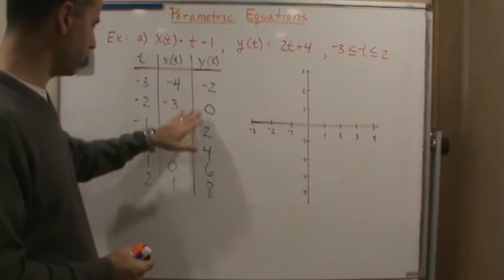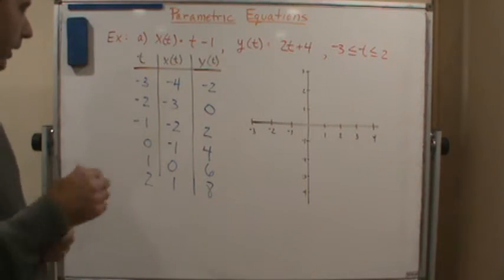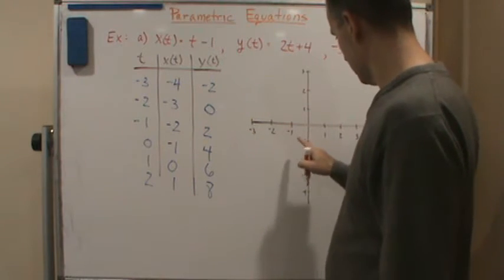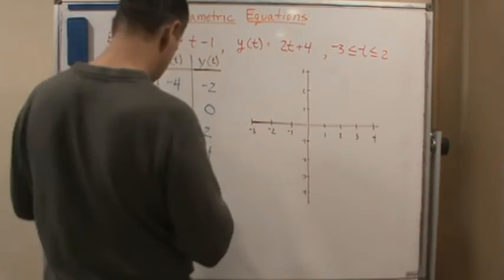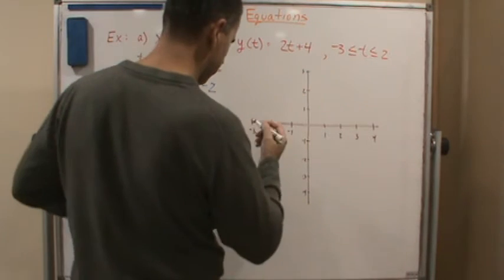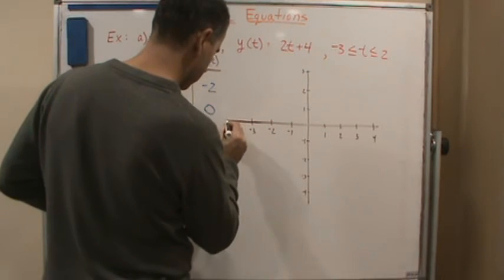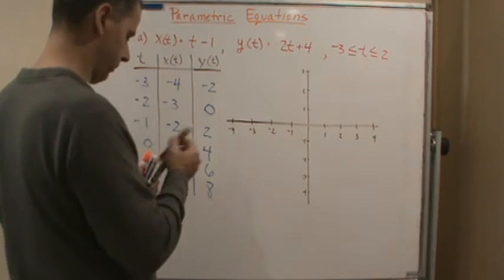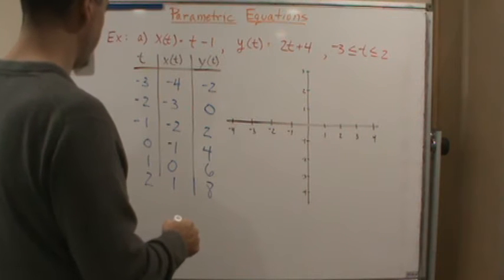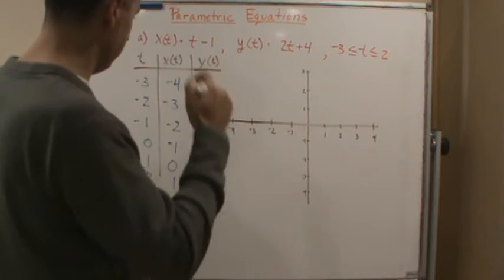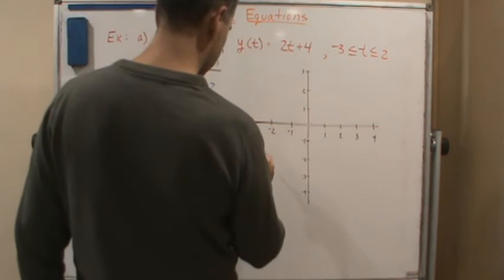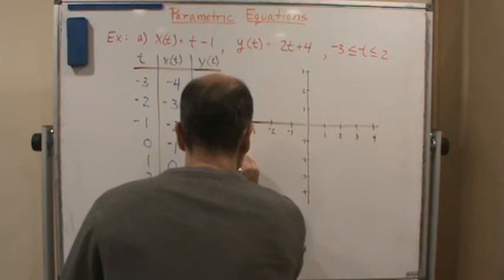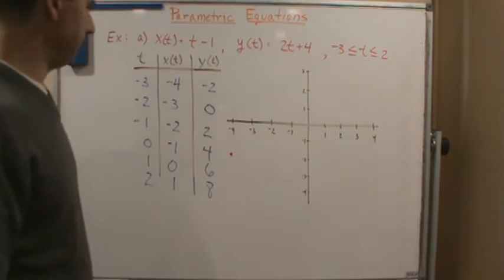So let's plot the xy coordinates now. And so here I get -4, -2. So -4, so let's extend this out. Okay, so we get -4, -2. So it's going to be right about here, right?